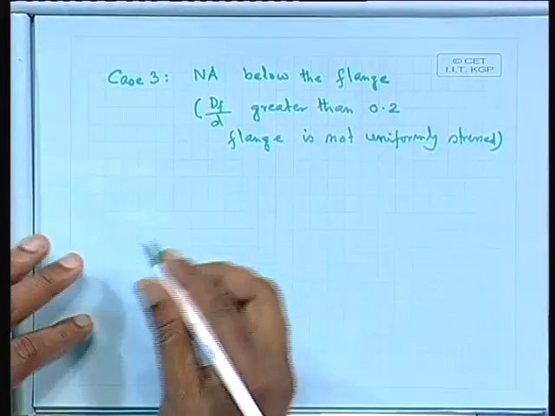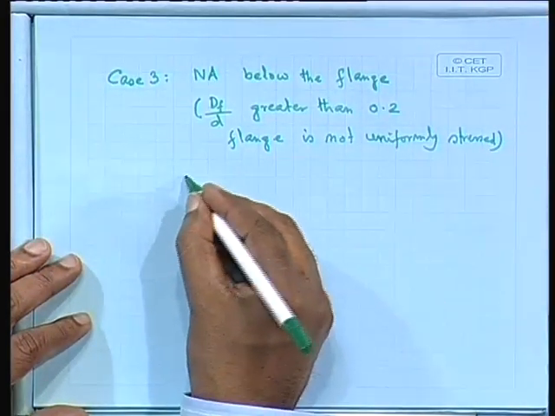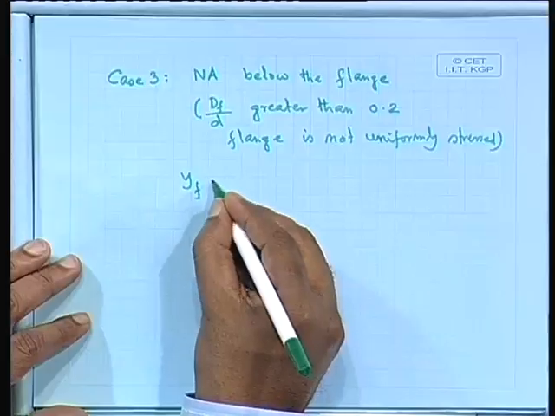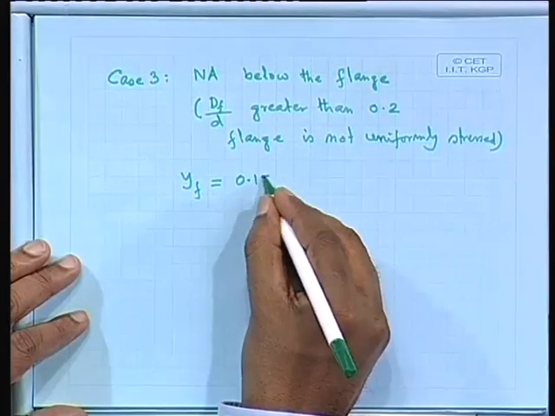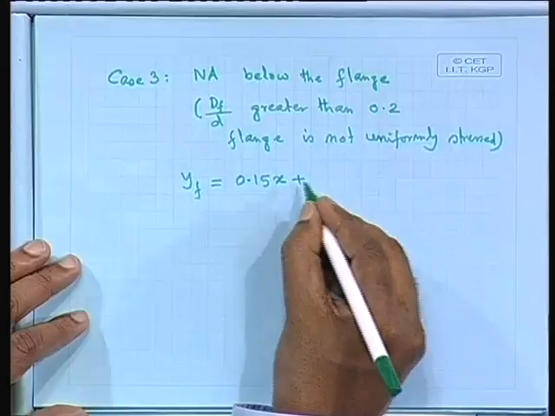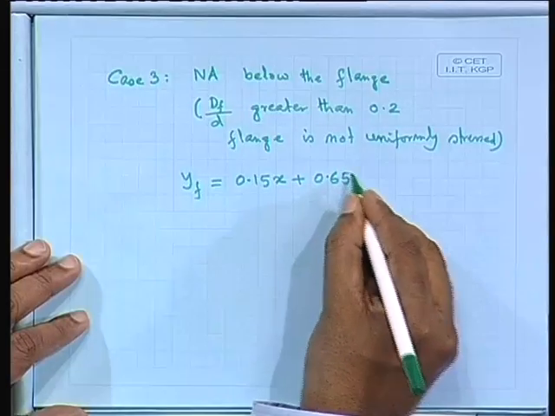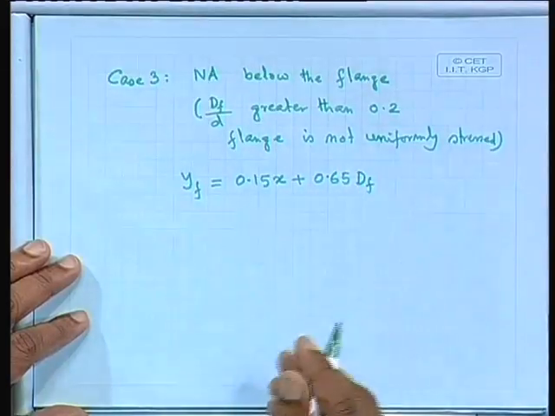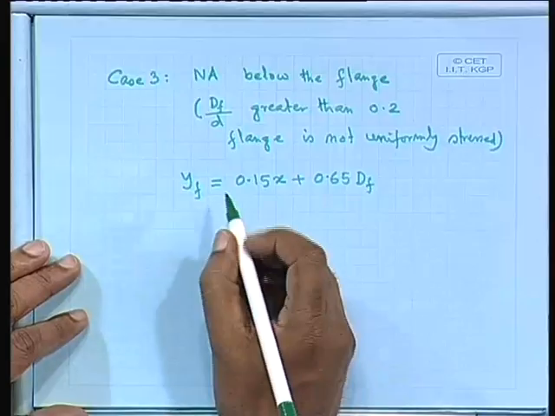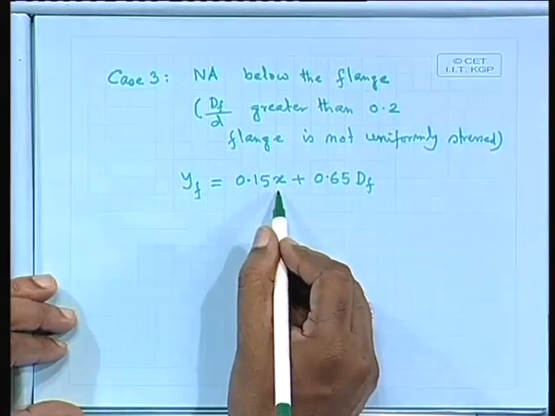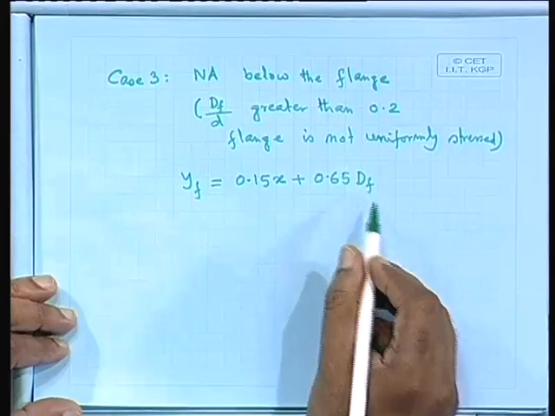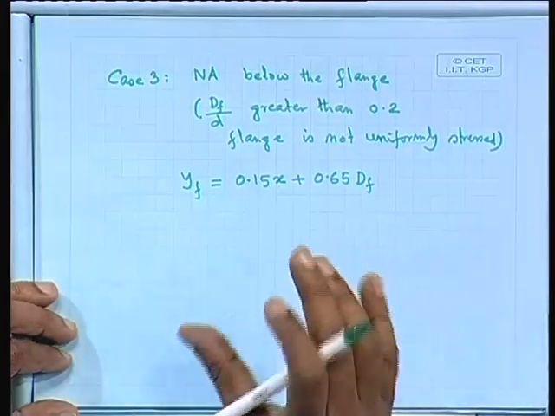So what we shall do, instead of having df we get yf. yf will be equal to 0.15x plus 0.65 df. So we get another rectangular portion, yf equal to 0.15x plus 0.65 df. So that one will give us that equivalent depth.